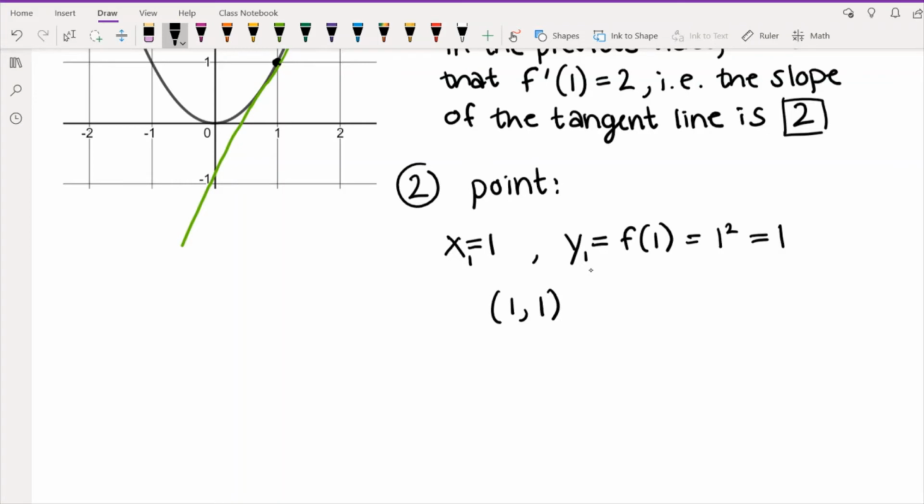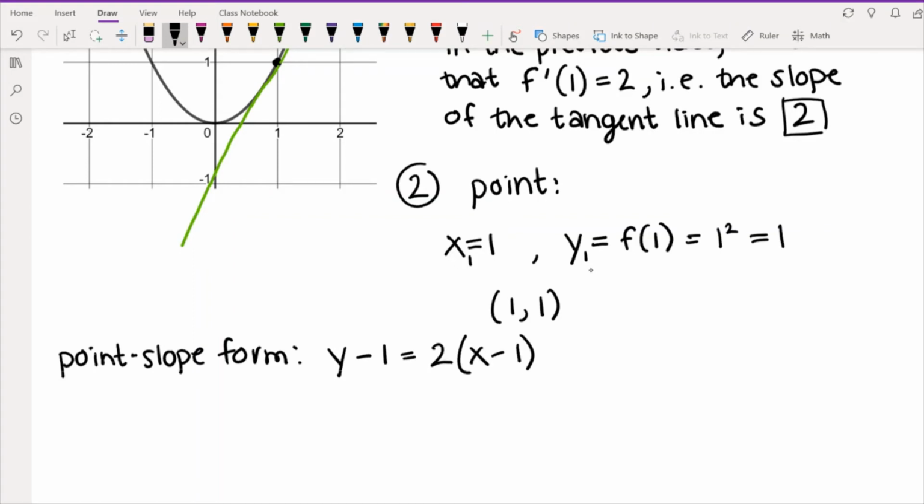Once you have the slope and the point, you can go to point slope form. Point slope form says y minus the y coordinate, which is 1, is equal to the slope times x minus the x coordinate.